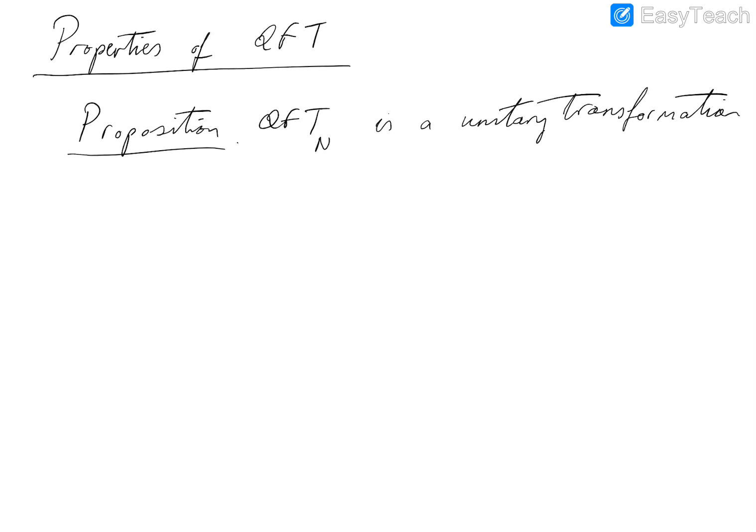So the first property that we will consider is called the convolution multiplication property.